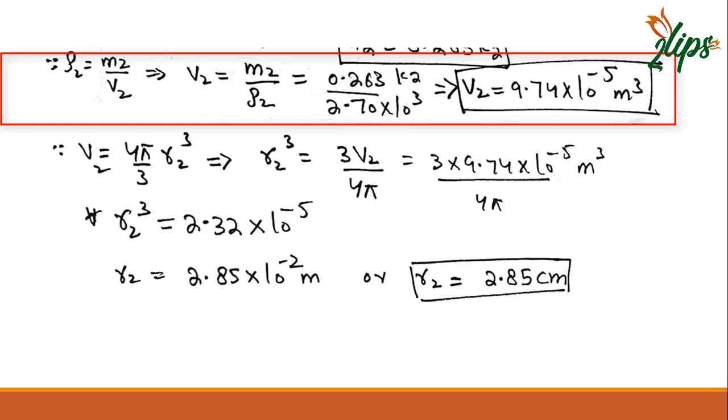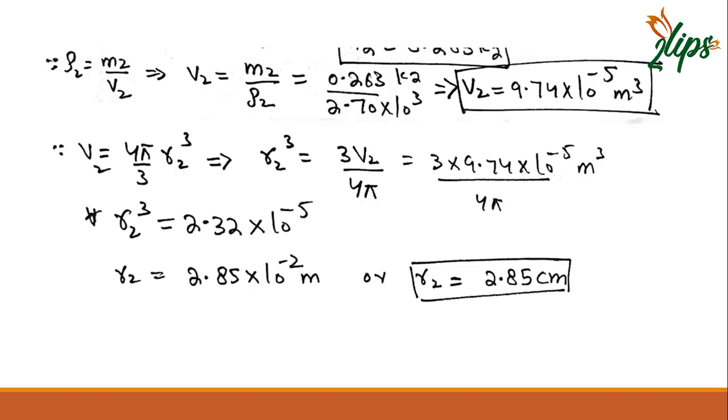So putting the value of M2, which is 0.263 kg, and the value of rho 2, which is 2.70 into 10 raised to power 3, so I can solve this and I get this. So this is the volume of this aluminium sphere, that is 9.74 into 10 raised to power minus 5 meter cube. But we are asked to find the radius of this aluminium sphere.